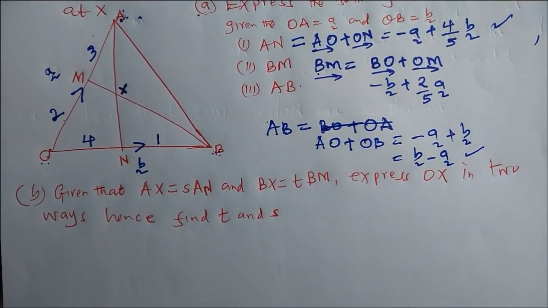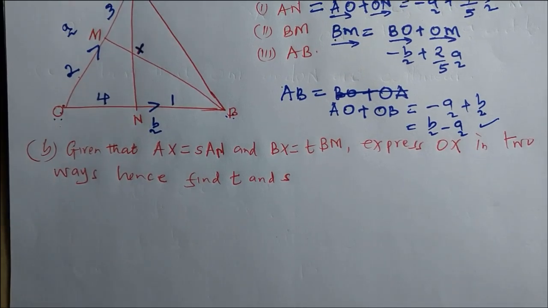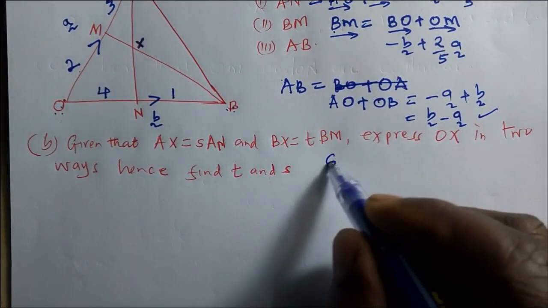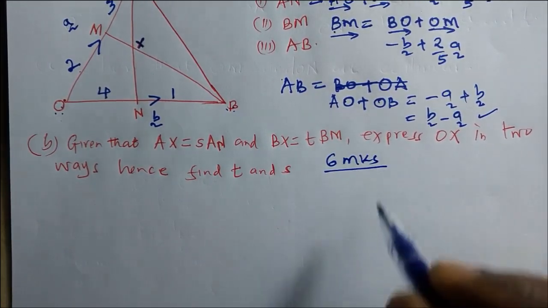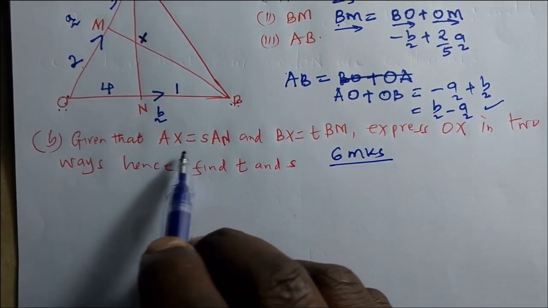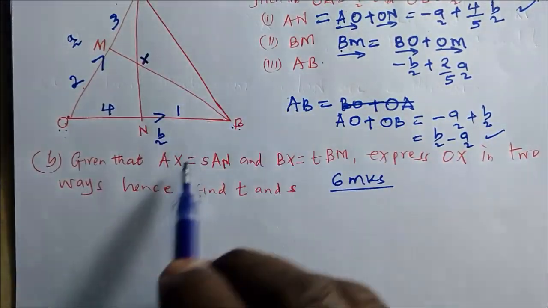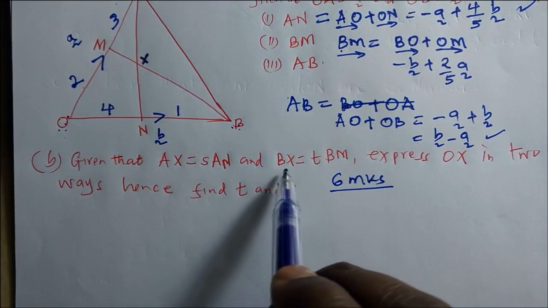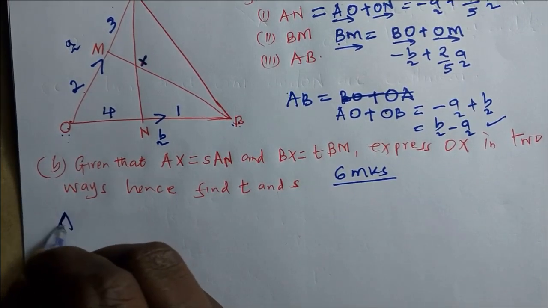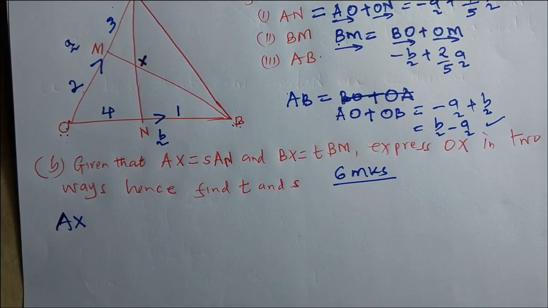So let's go straight to part B, where our 6 marks is. We have been given that AX is S AN, so we can simply start by getting AX.